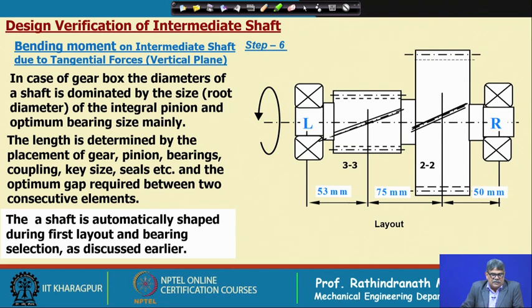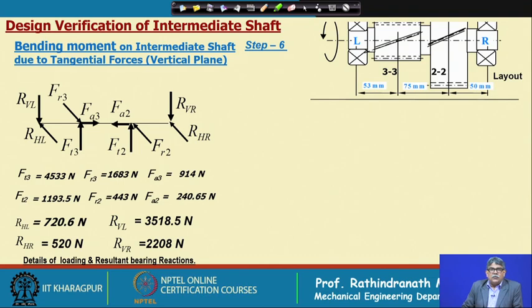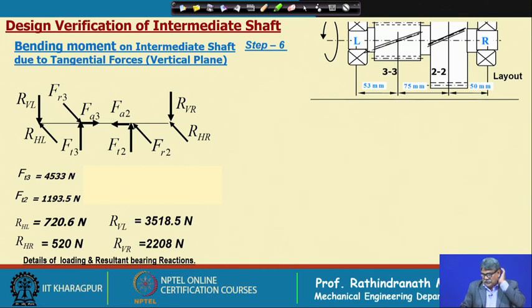Therefore, the shaft is automatically shaped during first layout and bearing selection. So now we shall look into the loads on the shafts. This we have already determined, and then again we shall calculate the bending moments in the shafts.